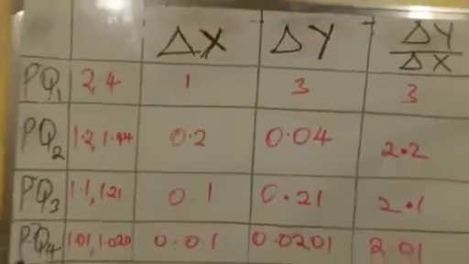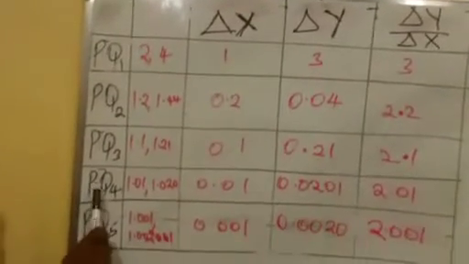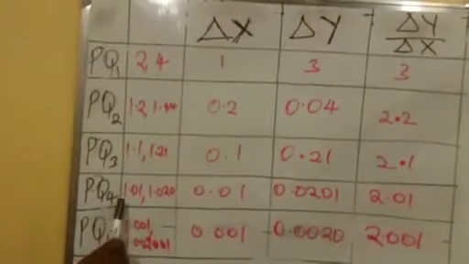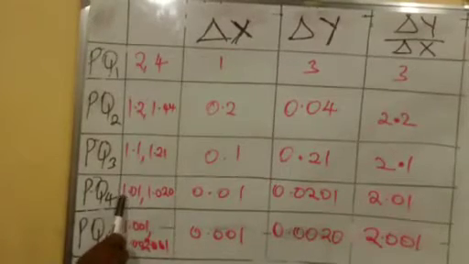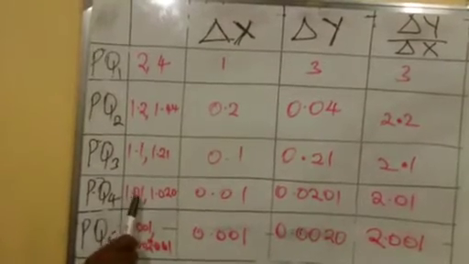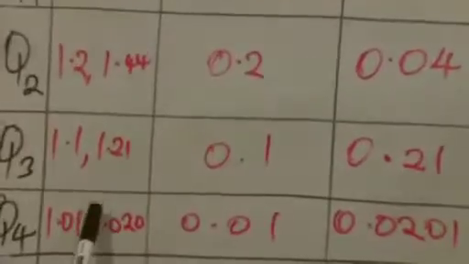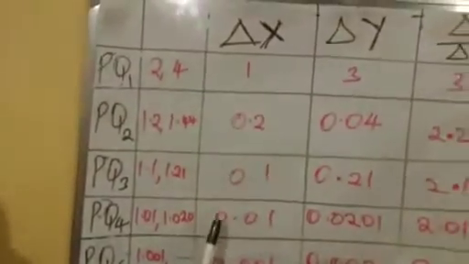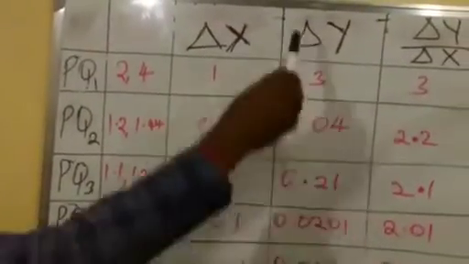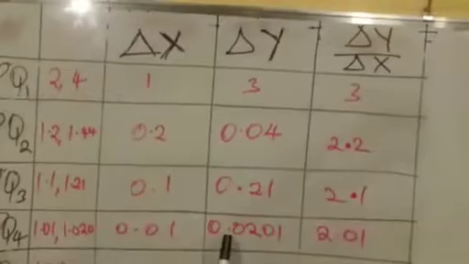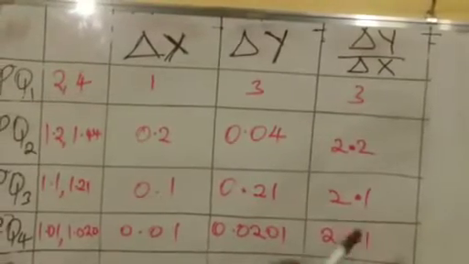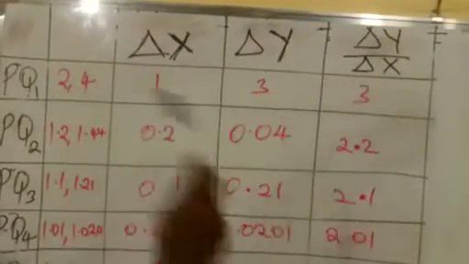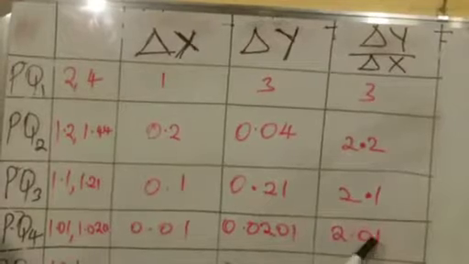Then we have another point we have picked, which is PQ4, where the point is 1.01, and the other point will be 1.0201. The change in x will be 0.01, and the change in y will be 0.0201. So the change in y over change in x will be 2.01.